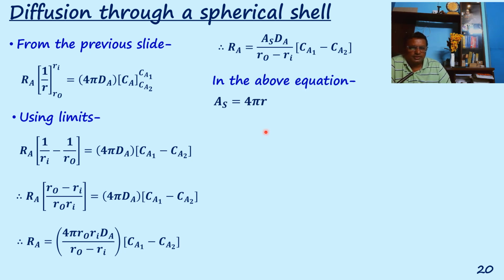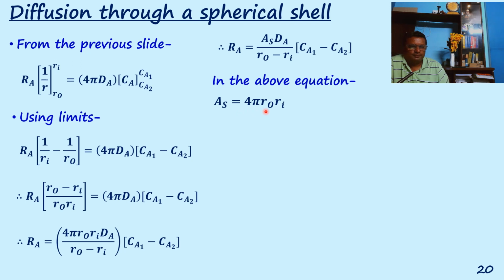So what is the replacement for 4 pi into R0 into Ri? I have replaced this group with As, and As is nothing but, in this case, it is the area through which diffusion is going to take place.